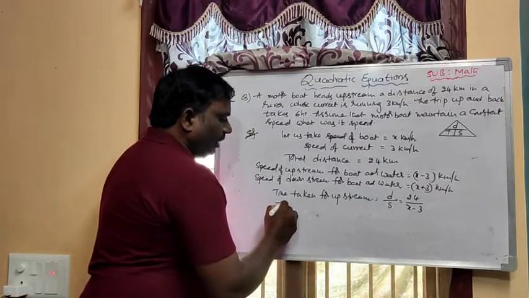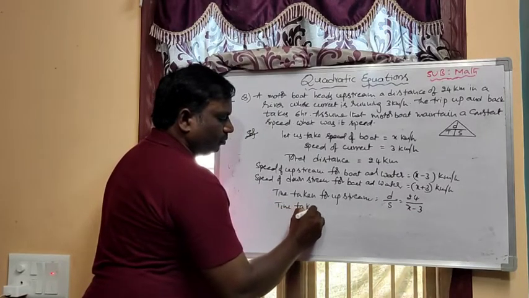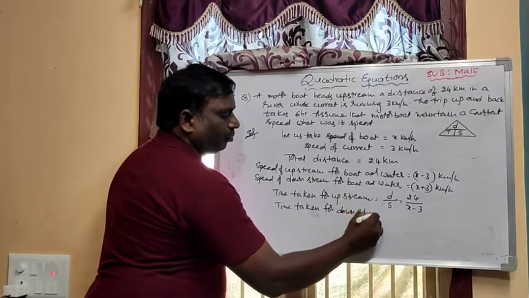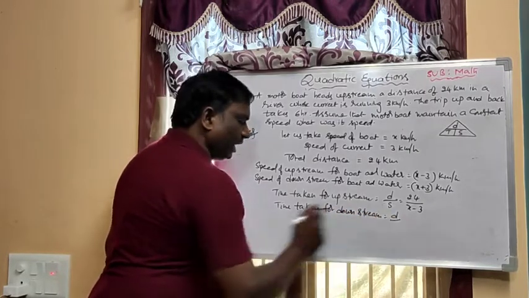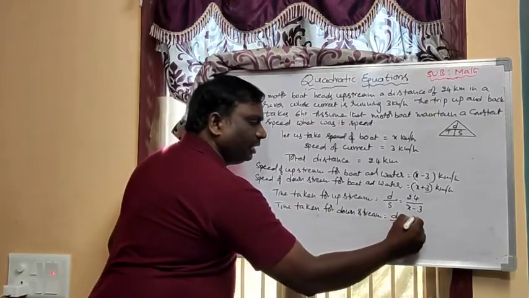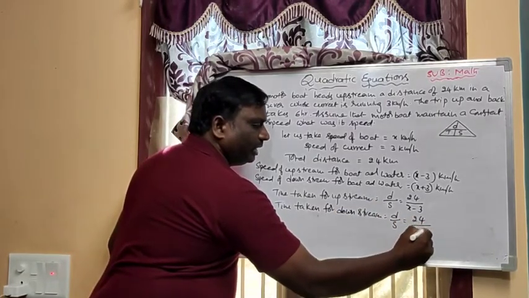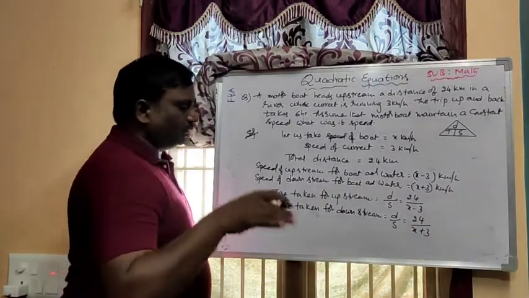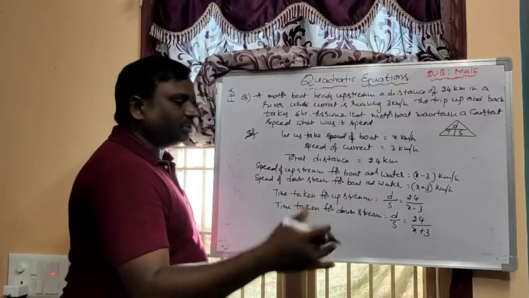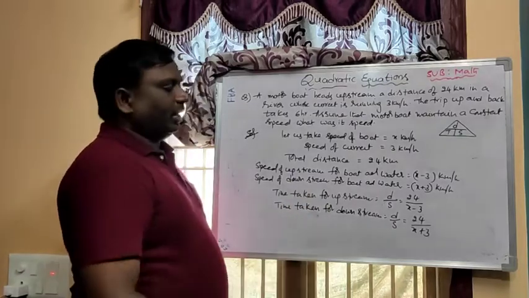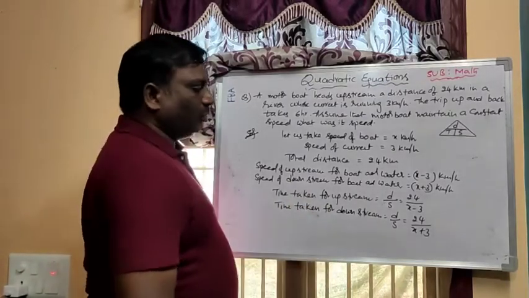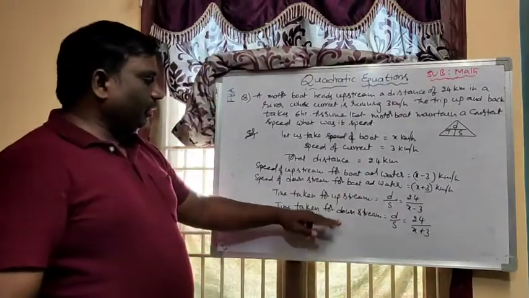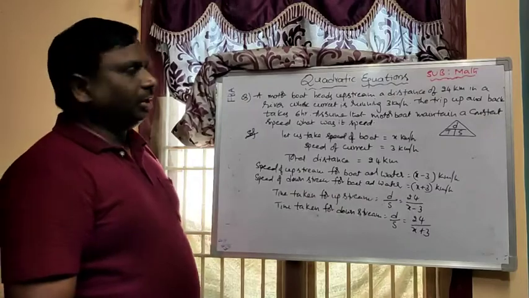So time taken for downstream, here also time means distance by speed, that is 24 by x plus 3. Downstream means both are going in the same direction. Upstream means both, boat and water, are going in opposite directions.